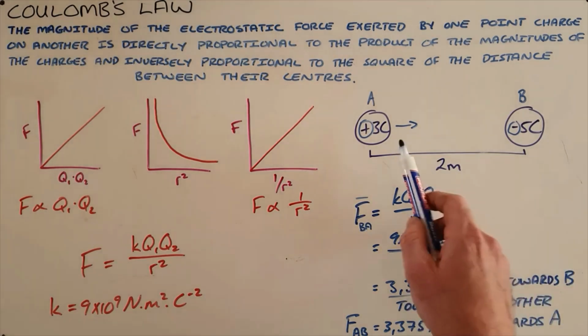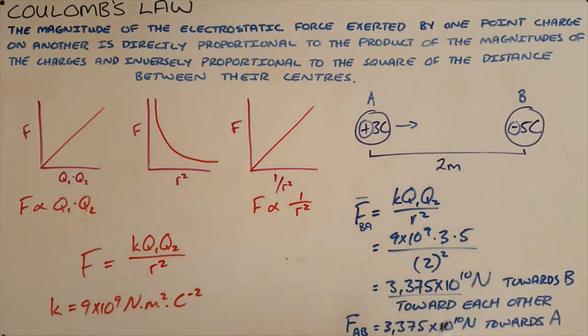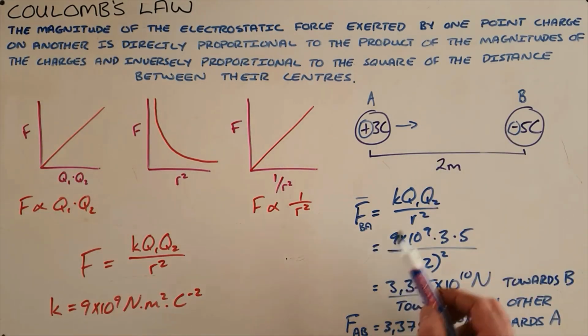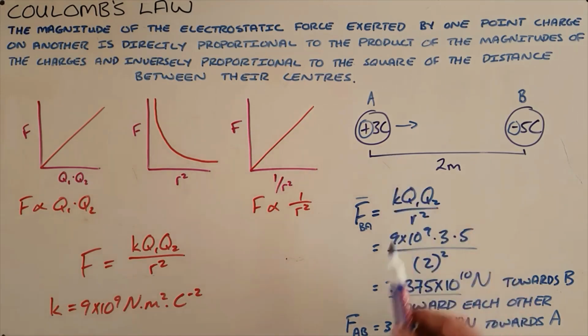If the question is, what is the force between these two objects, it would either be toward each other or away from each other. If the question is what force is B exerting on A, then we would say that the force is towards B or away from B. And if it asks what is the force that A exerts on B, we would then state that it is either towards A or away from A.